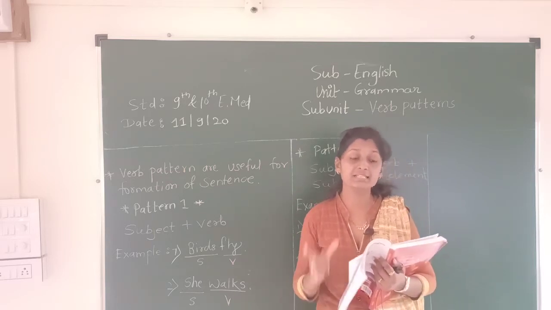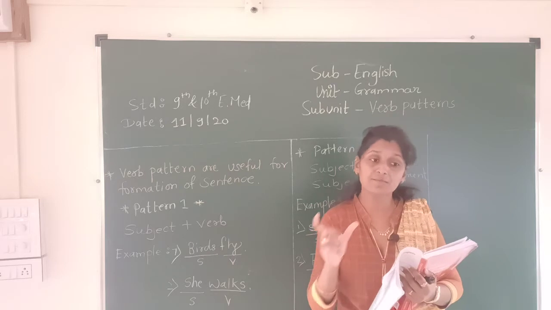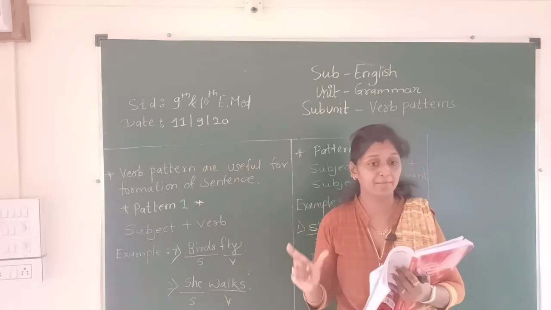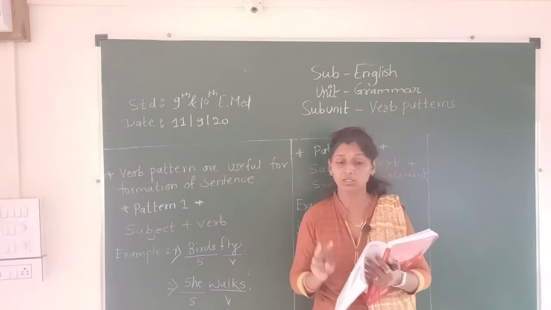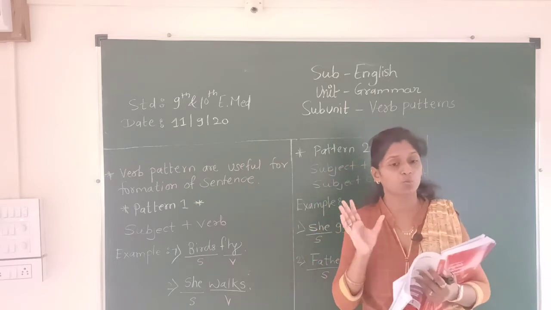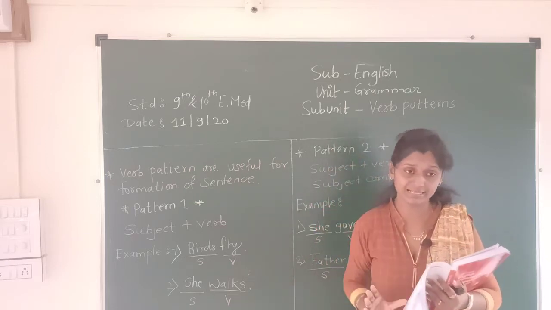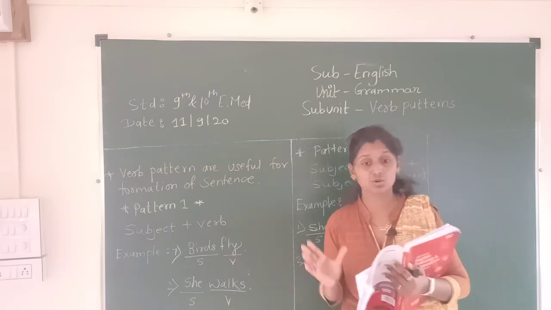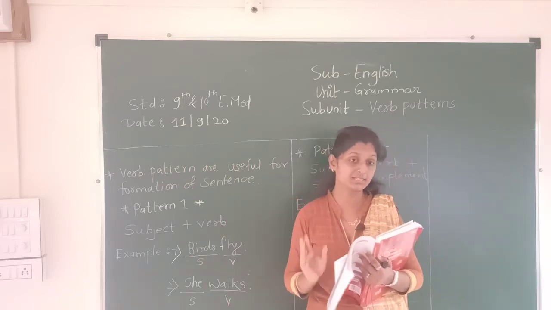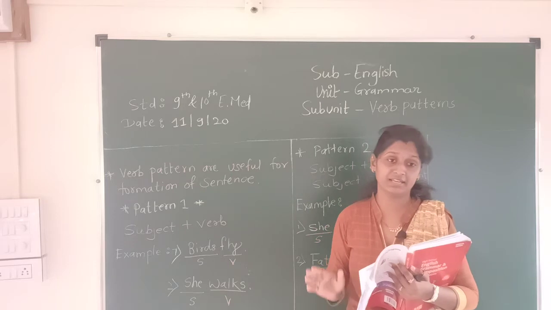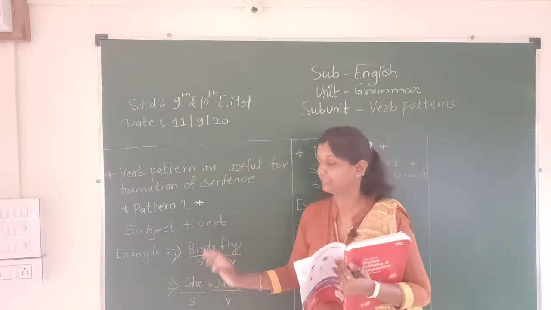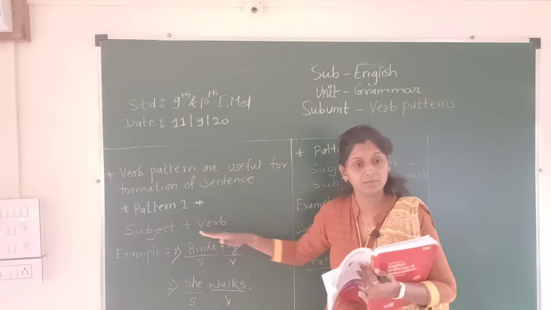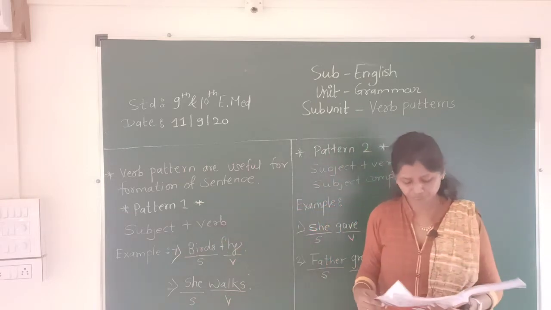In that sentence, fire is a subject and burns is a verb. With the help of only two words, we can complete one meaningful sentence. That type of sentence is the first pattern of verb, subject plus verb.